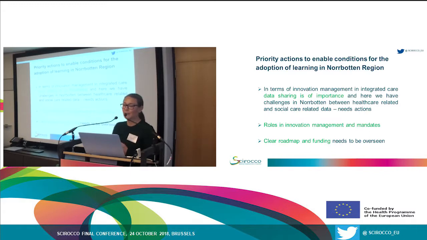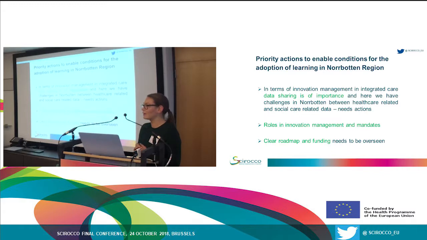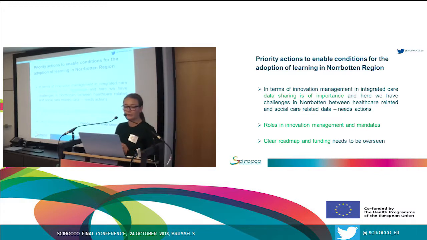Some priority actions for us, and these are almost like hygienic factors or prerequisites in a sense. Data sharing is really, really important for us, because we have challenges when it comes to healthcare and social care related data. For proper innovation management and for integrated health and social care, where we want to be, we really need to work on data sharing and platforms for data sharing.